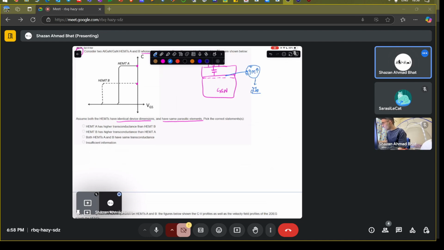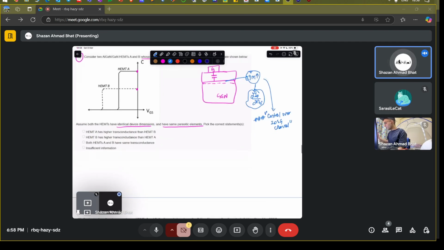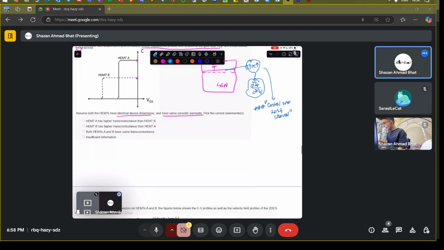Because gm is the variation of the drain current with respect to the gate-to-source voltage. More gm means better control over the 2D electron gas channel. So naturally the transconductance is going to be better if you have a greater capacitance. So HEMT A has higher transconductance than HEMT B. The other options do not match.